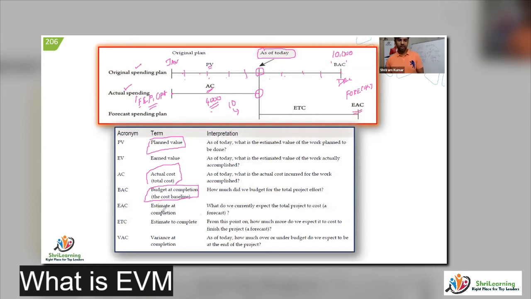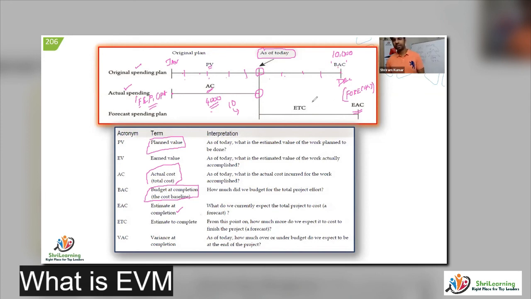EAC stands for estimate at completion. I'll remind you, BAC stands for budget at completion. What if we go beyond or below? That's going to be called estimate at completion, right? Up to this, if you understand this term, enough.